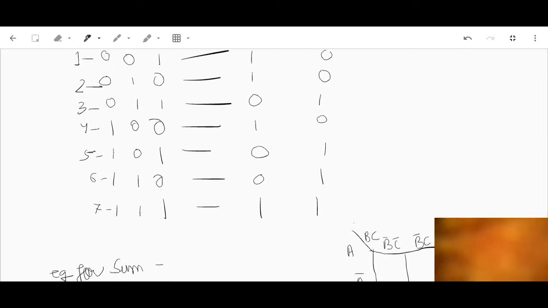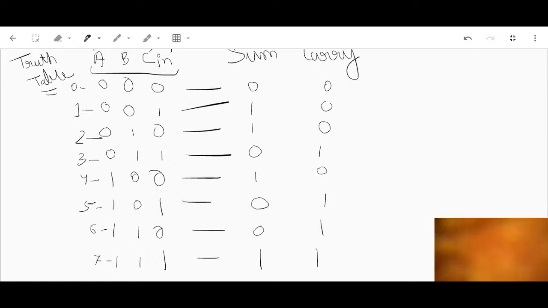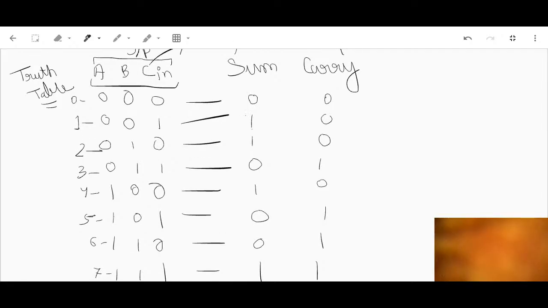And we have to scan where we get the value of 1 in front of which row.